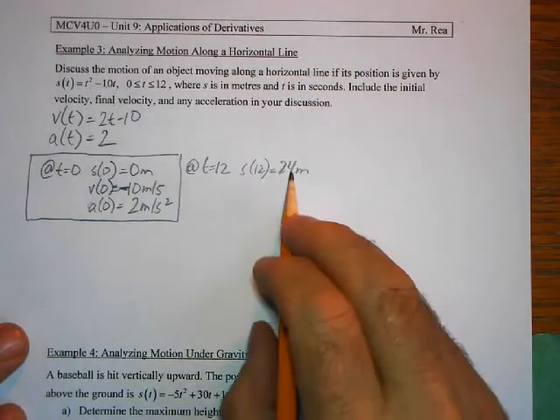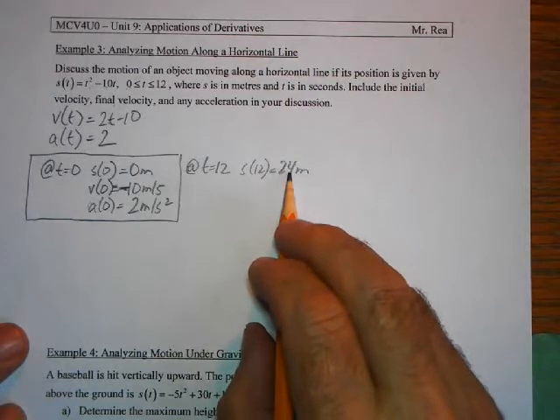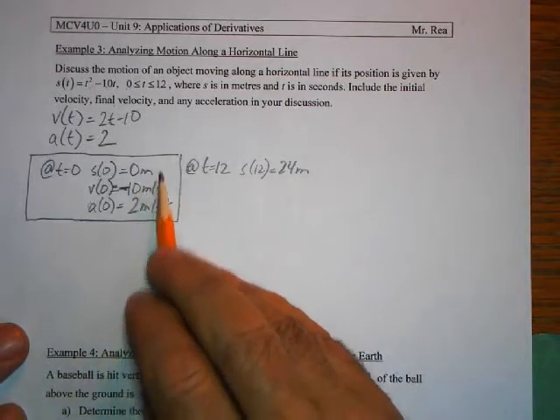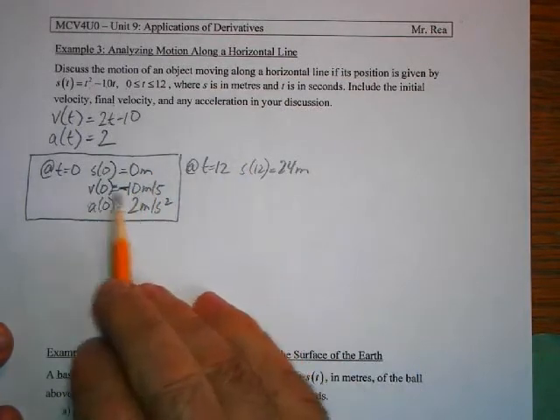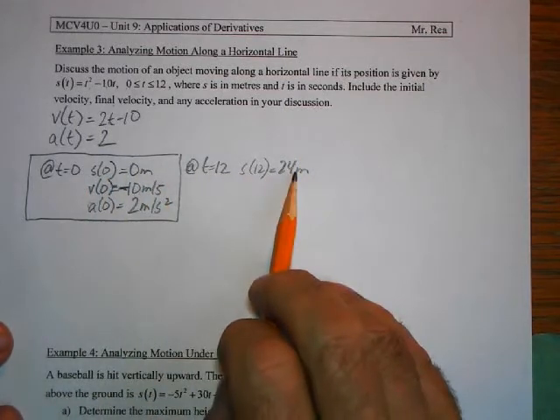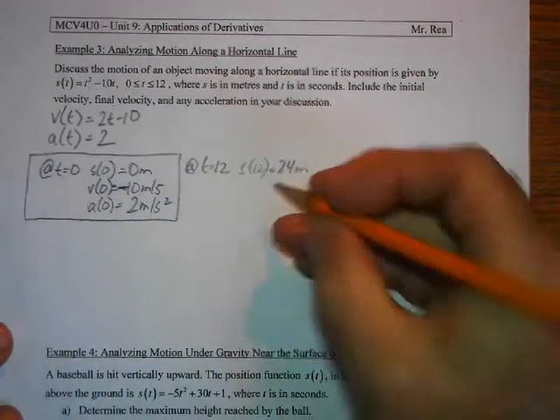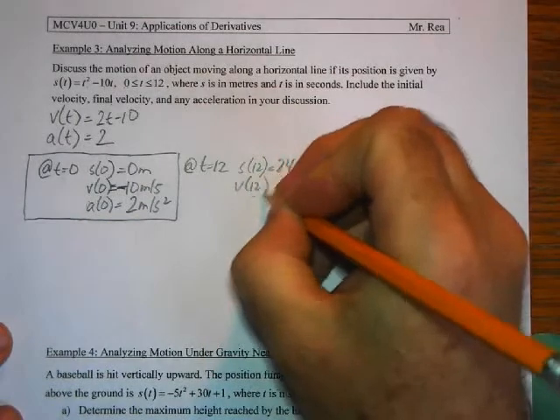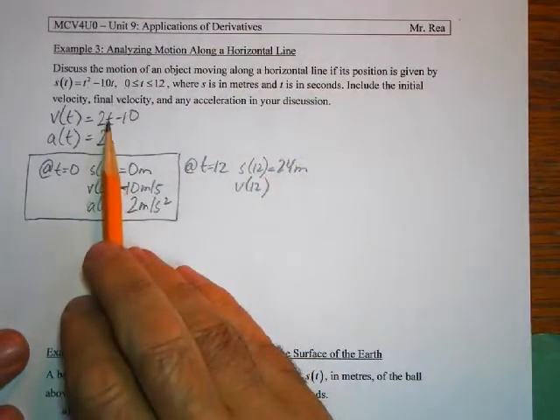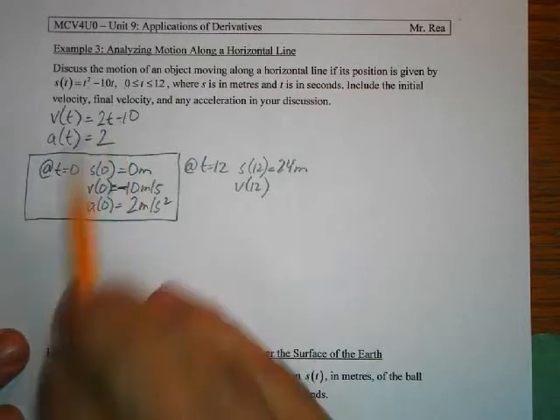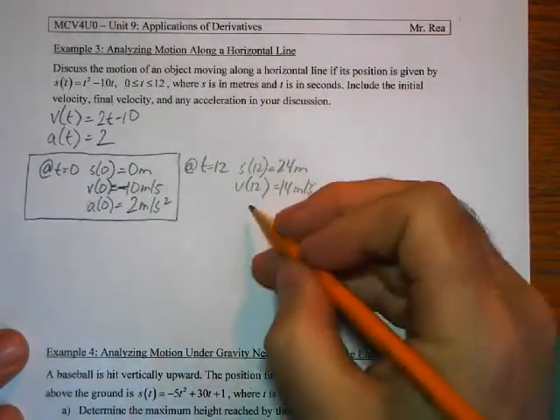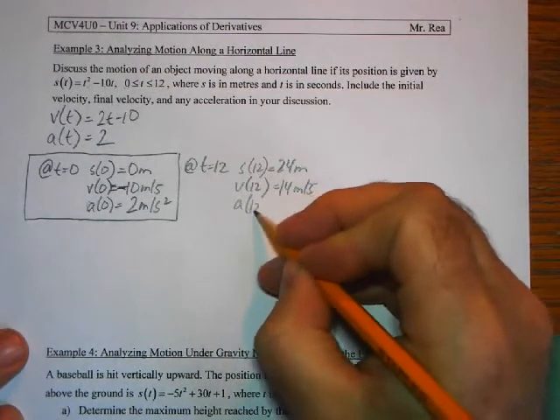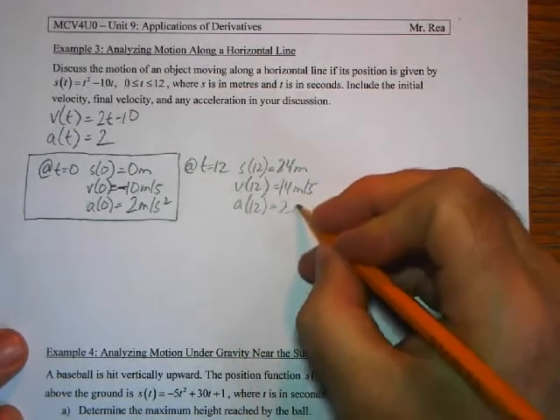The final position is to the right, but remember the initial velocity was moving to the left, so something happened where it changed direction and ended back 24 meters to the right. The velocity at the end, at 12 seconds, we get 24 minus 10, so that's 14 meters per second. And the acceleration, of course, is always going to be 2 meters per second squared.